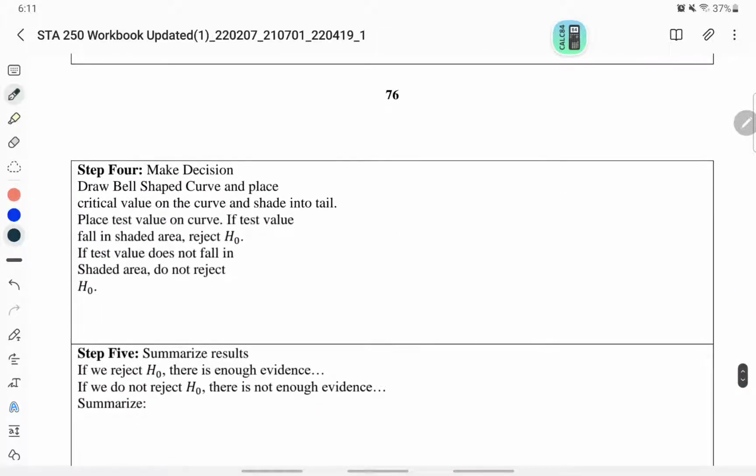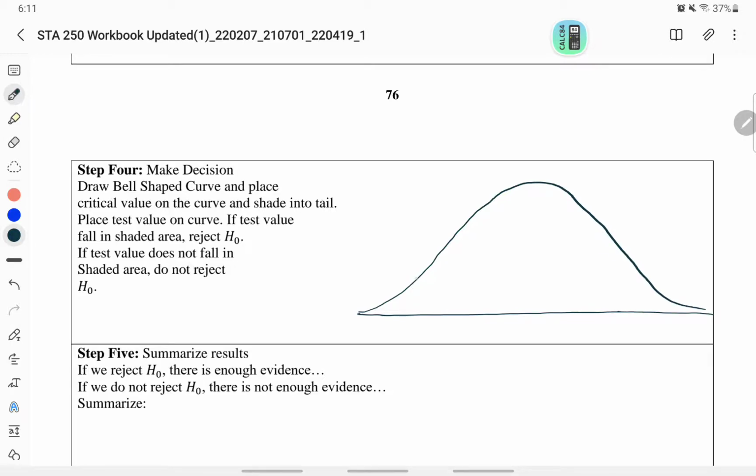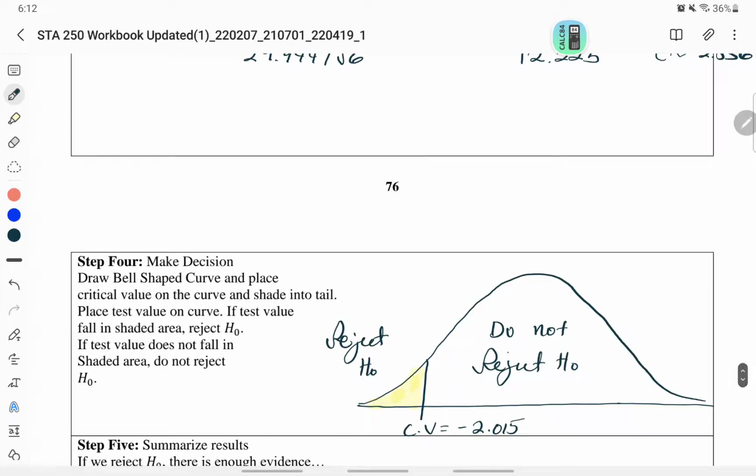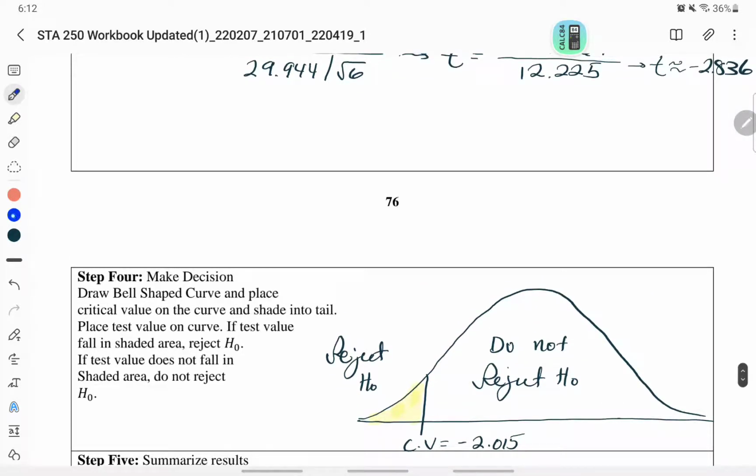Step number 4 is to make your decision. Draw the bell-shaped curve. This is a left tail test, and the critical value is negative 2.015. Now you're going to see where the test value, negative 2.836, will fall. It will fall over here.